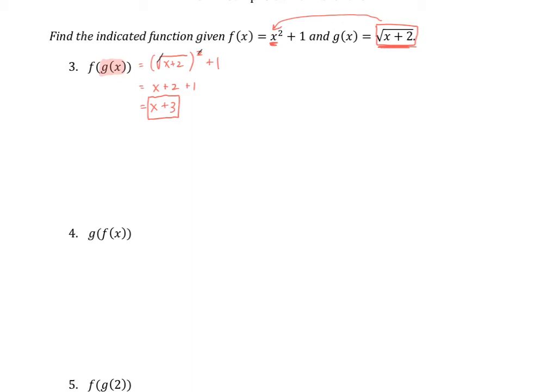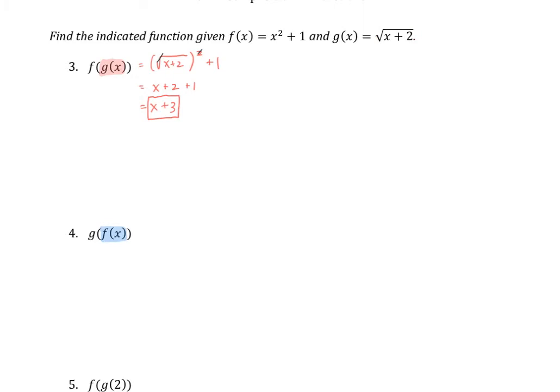Okay, so now we want to do the same thing for number 4, but notice this is different now. This is g of f of x. So now we're going to be taking f, let me go erase all the red marks up here so I can start over for this one.